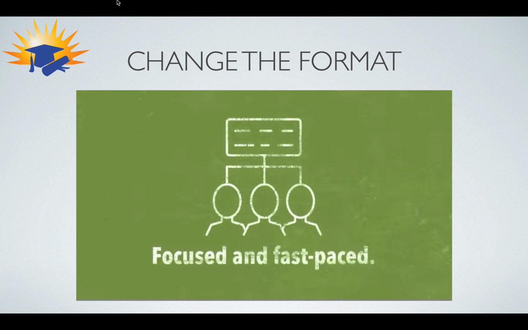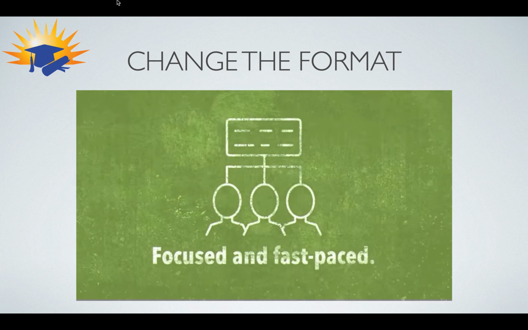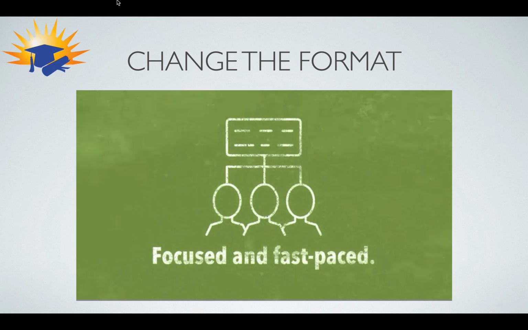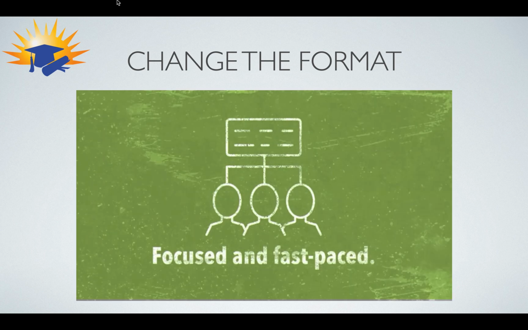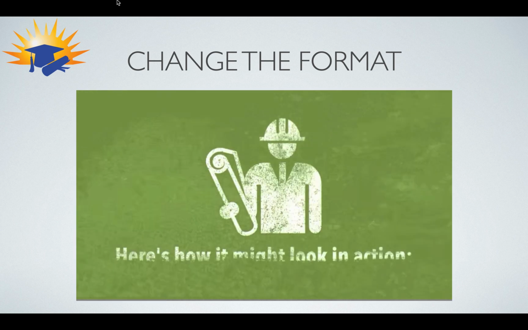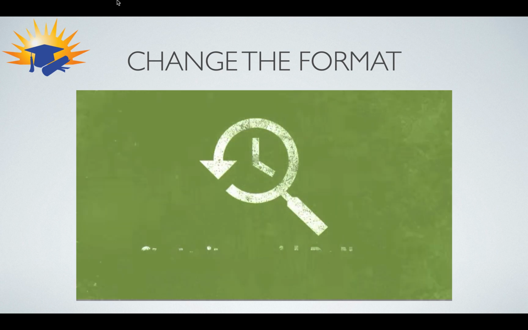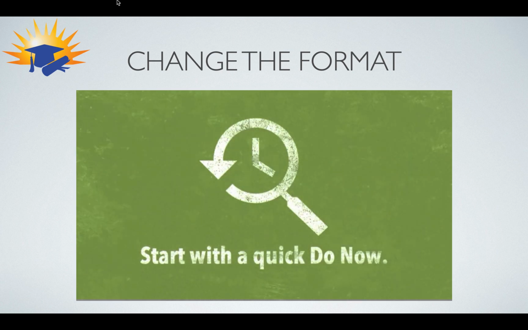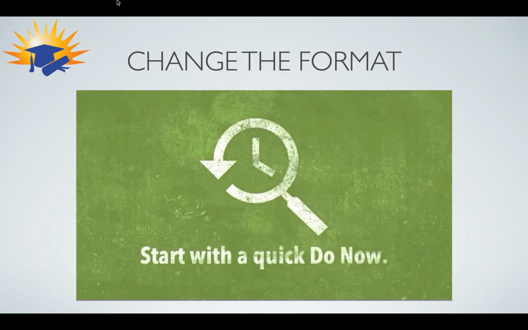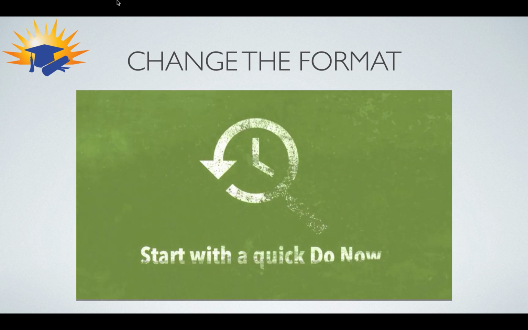But a lesson on topic sentences might be both focused and fast-paced if you follow these directions. Here's a step-by-step blueprint to teach topic sentences that could easily be modified to fit any content area. Start with a quick do now, asking students to compare different topic sentences for a paragraph on an interesting topic.